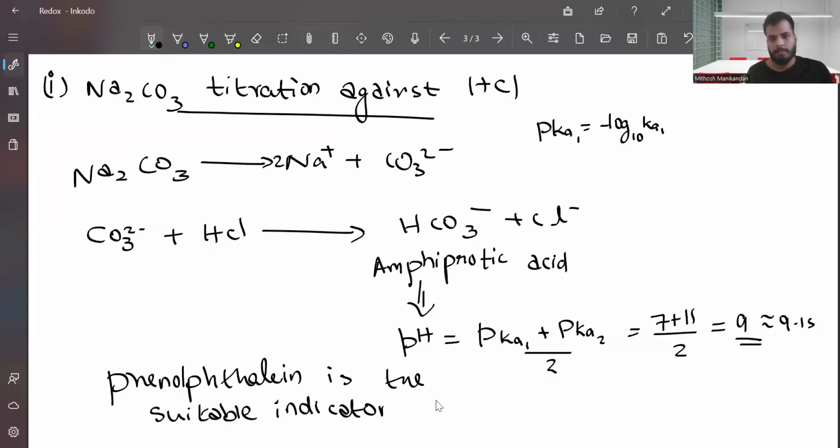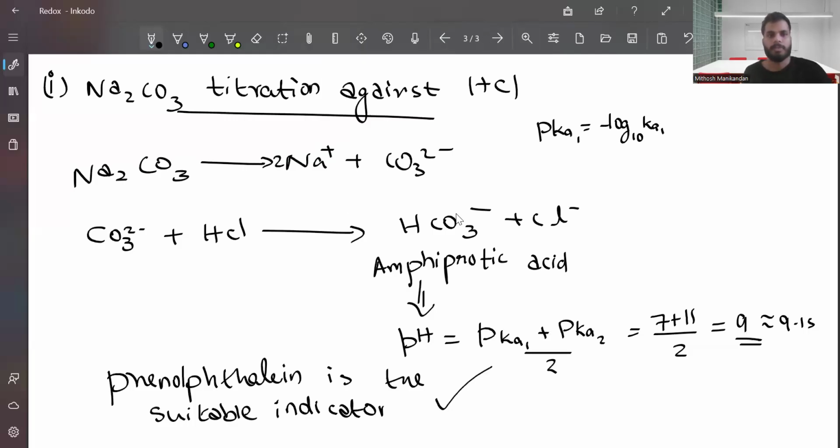So keep this in mind. Phenolphthalein is a suitable indicator. Methyl orange is not suitable because its mid value is not close to 9. Its range is 3.2 to 4.2, so almost 3.5, 3.6. So phenolphthalein is a suitable indicator for Na2CO3 titration against HCl. Okay, this is clear. Very good.